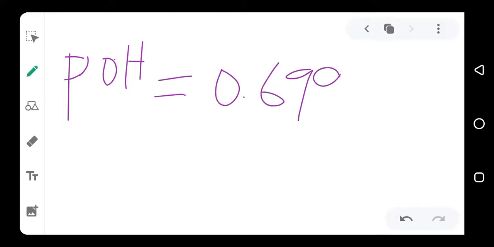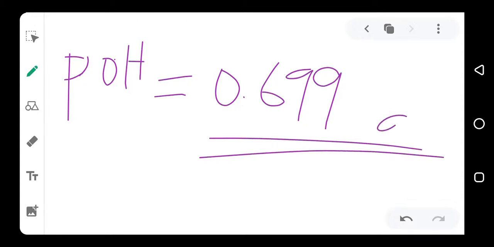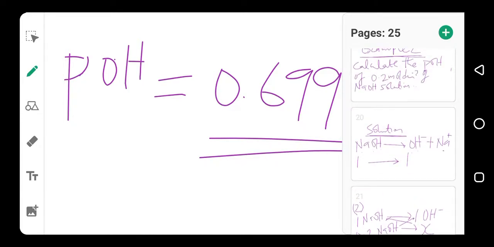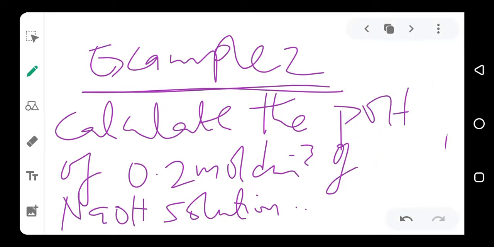Our pOH is now equal to 0.699. This is the answer. This is the pOH of 0.2 mole per dm cube of the sodium hydroxide solution given to us.